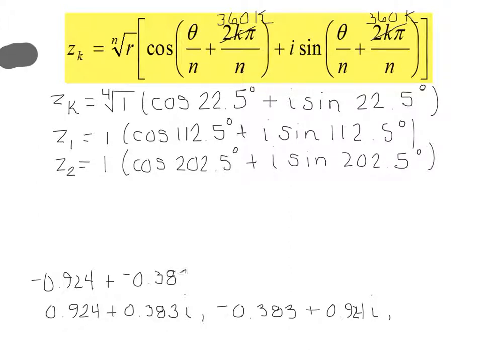So there's my third fourth root of i or j. My fourth, I'm going to add 90 degrees to my previous angle measure, and now I've got 292.5 degrees.